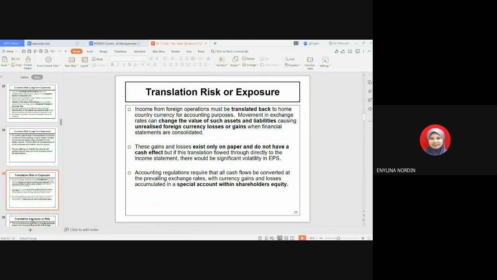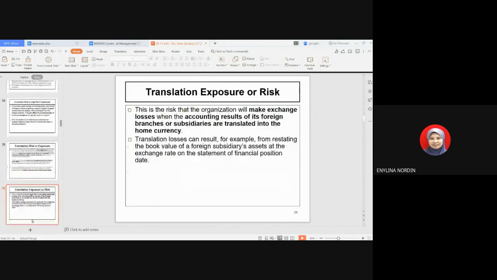Okay, the translation risk refers to the losses that result from restating the book value of the foreign subsidiary's assets at the exchange rate on the statement of financial position date. Okay, so I think you can read here.